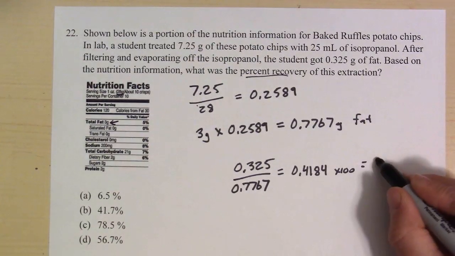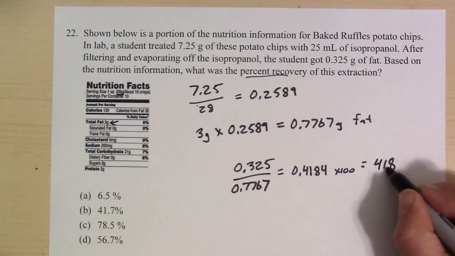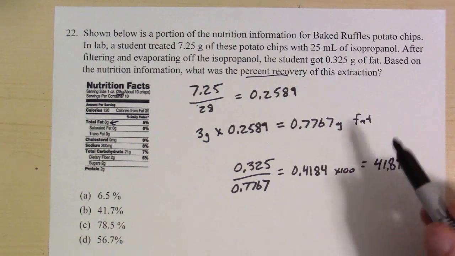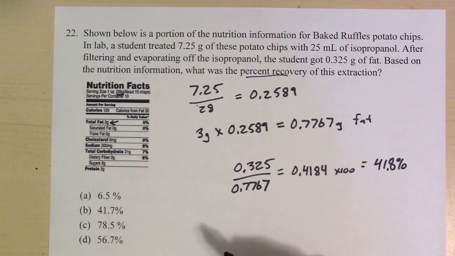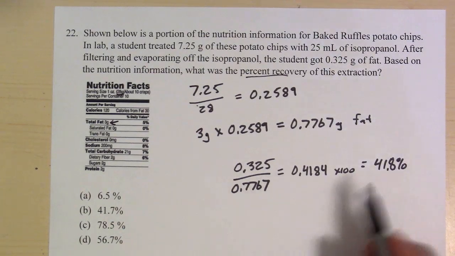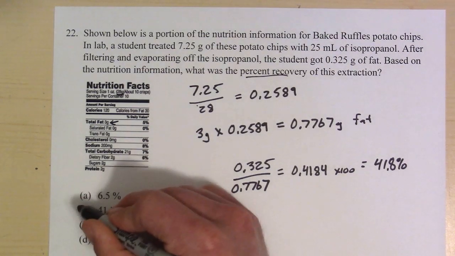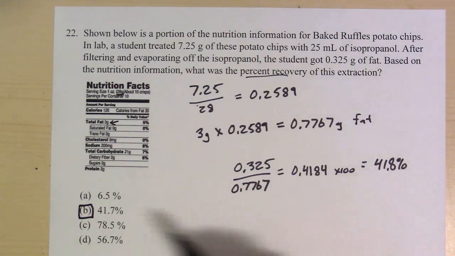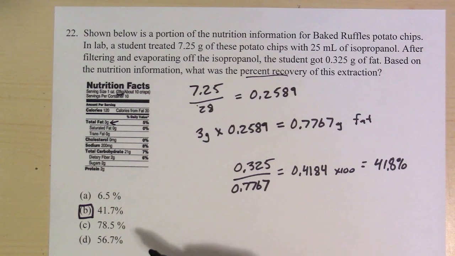That is equal to 41.8%. It's pretty close to B here. Maybe if I rounded more or less, we would have got 41.7, but that's the only one that's even remotely close to the answer that we calculated. So B, 41.7%, is going to be our answer for number 22.